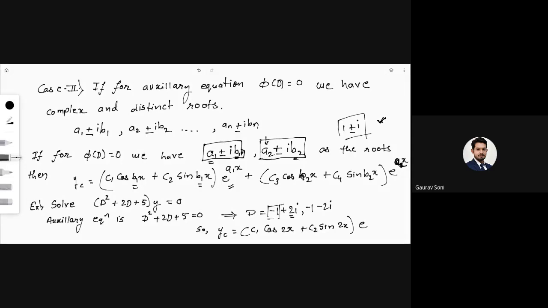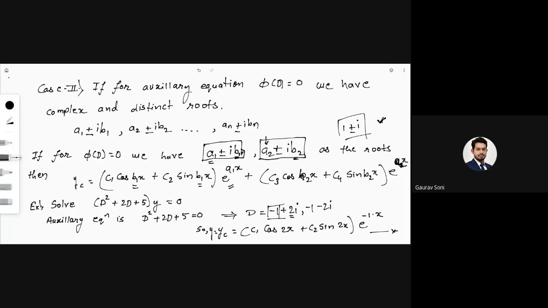So e to the power -1 into x. So this is your complementary solution, and the differential equation is homogeneous, so y will be equal to yc. Okay, so this is how you write down the solution when you have complex roots.